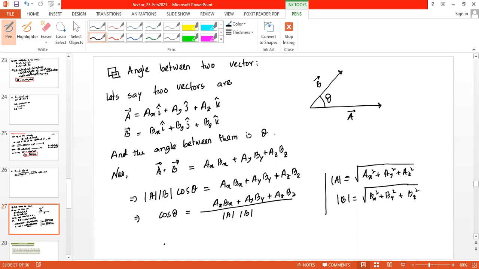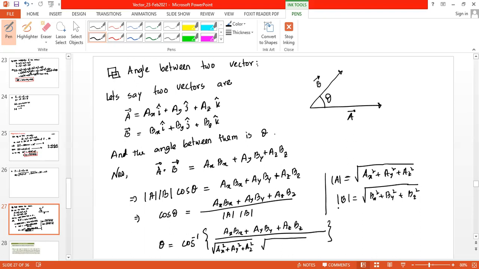So finally, I know what I have to find. I have to find the value of theta. So value of theta is basically equal to cosine inverse of AX BX plus AY BY plus AZ BZ, and then in the denominator, you will get the magnitude of A, square root of AX square plus AY square plus AZ square, multiplied by magnitude of B, which is square root of BX square plus BY square plus BZ square.